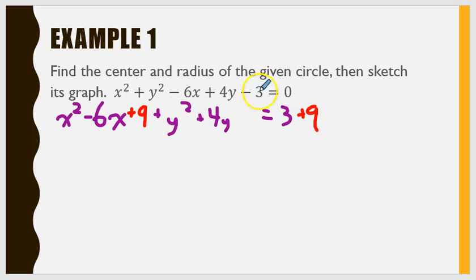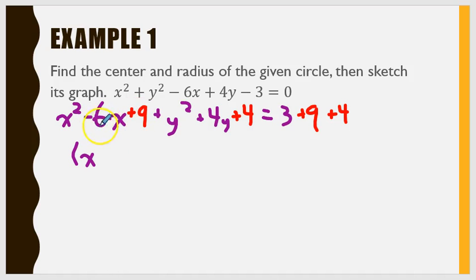Now I need to complete the square for the y's. Half of the middle number is 2, squared is 4. I can't just add 4 to the left side of the equation though. I also have to add it to the right hand side. Now the reason we use completing the square on our x to the second power and y to the second power is because it lets us take this whole trinomial and factor it down so that this equals x and half of the middle number.